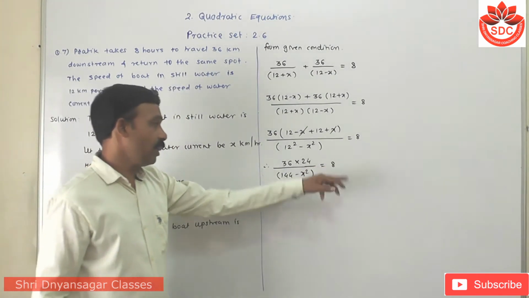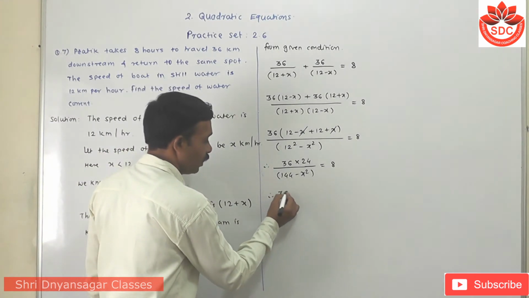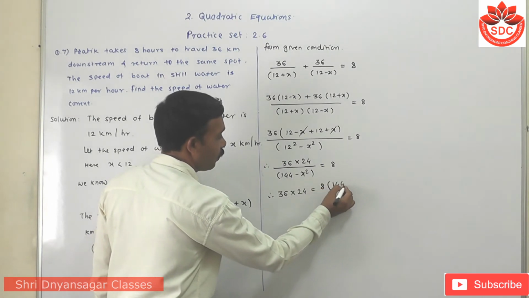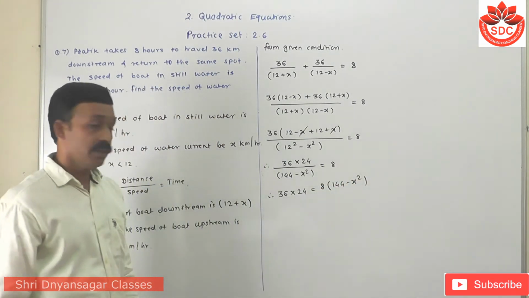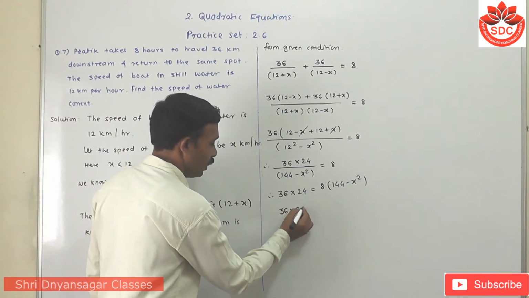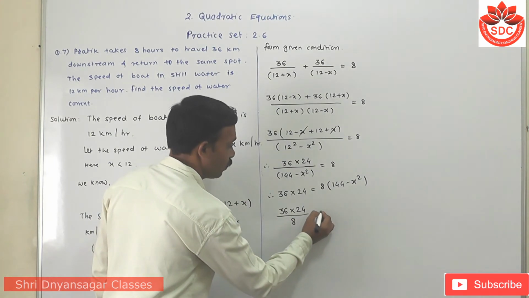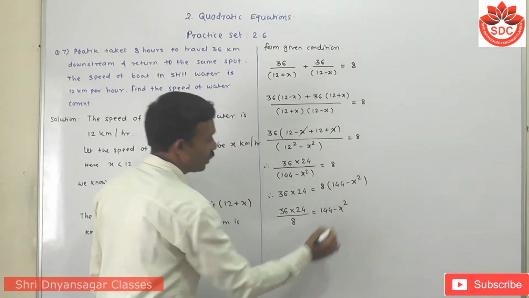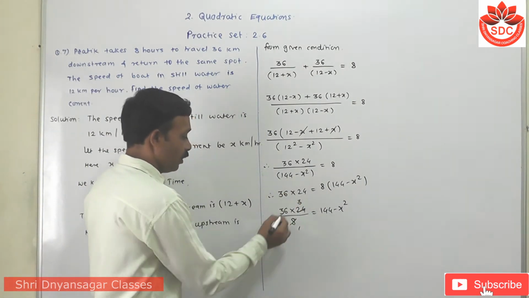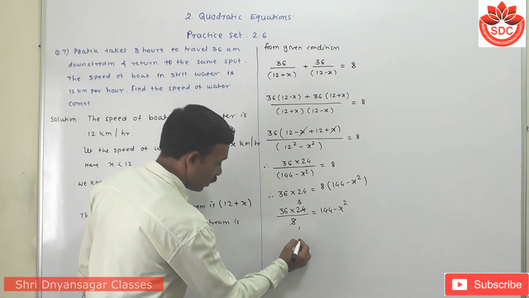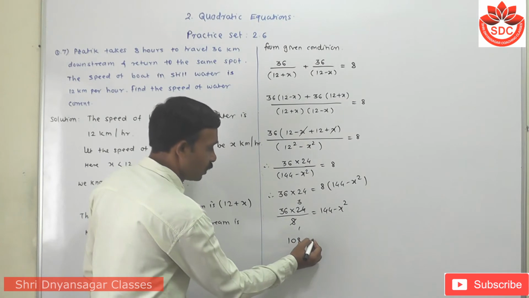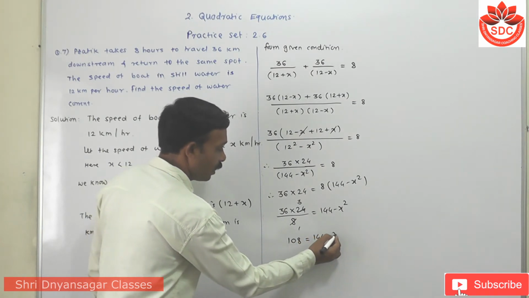Then the denominator becomes numerator: 36 into 24 is equal to 8 into 144 minus x square. Again 8 goes to the denominator: 36 into 24 upon 8 is equal to 144 minus x square. Then simplify it: 8 threes are 24, 36 into 3 is 108, equal to 144 minus x square.